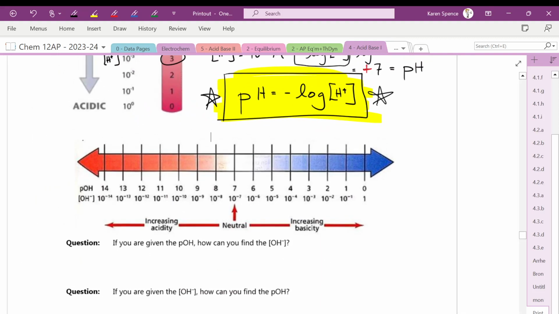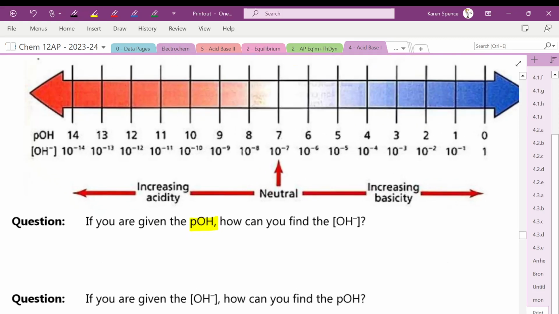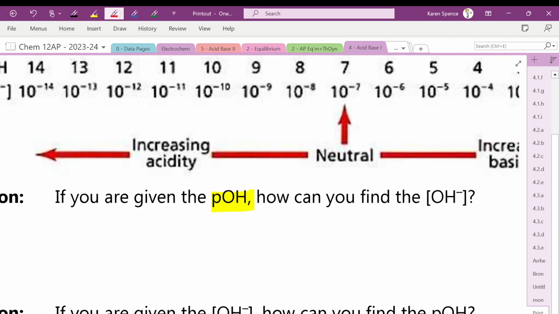Now, here's a question. If you are given the pOH, now instead of pH, and we want to find the concentration of OH minus, tell your partner, how are you going to find that?